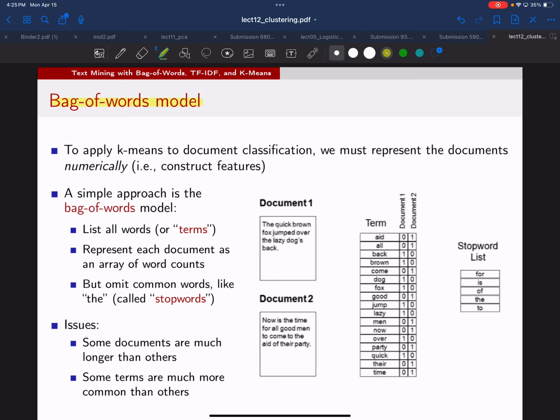The way it works is that you look at all the different documents in your corpus of documents, and you write out all the words in all the documents, like you kind of build a dictionary for all your documents. And the words are always called terms, not words. And for each document, the way that you represent the document is just as an array of word counts.